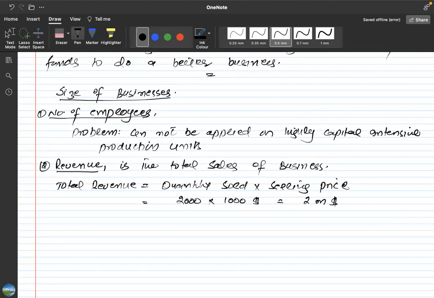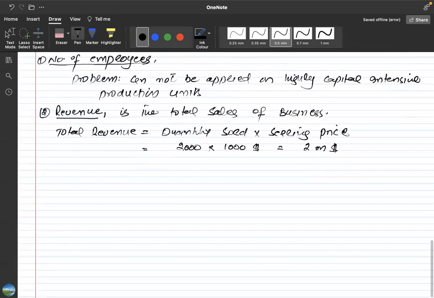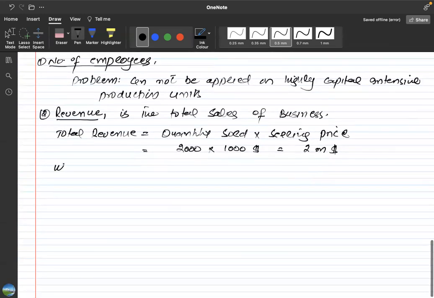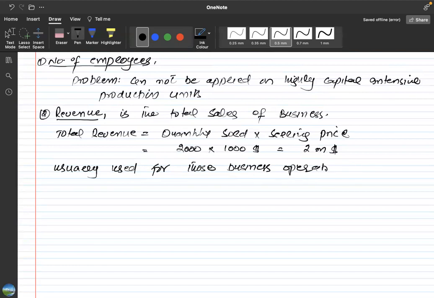Revenue is used especially for measuring the size of business when they are operating in the same industry. Usually used for those businesses operating in similar industry.